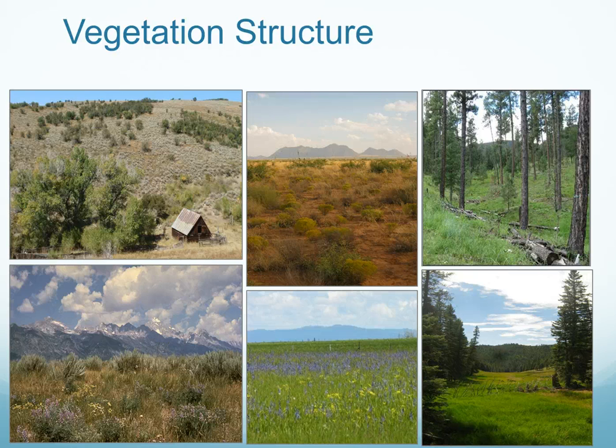The terms that we use evoke images of what the vegetation looks like, as well as the species that are included. It provides information about the three-dimensional or spatial arrangement of the plants, and we refer to this three-dimensional arrangement of plants as vegetation structure.